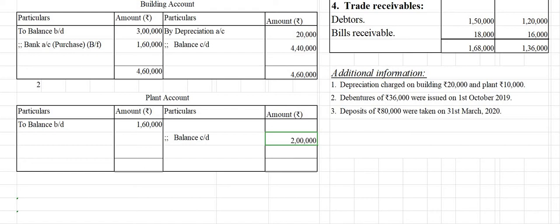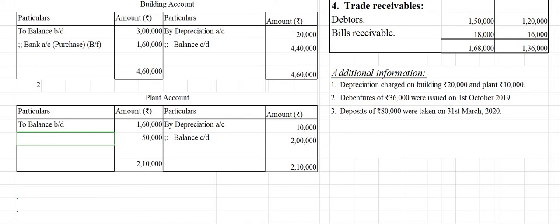Okay, depreciation is given here. Plant has depreciation of 10,000. By depreciation account 10,000. So here it is 2,10,000. We can take that 2,10,000 to the debit side also, and the balance became 50,000.